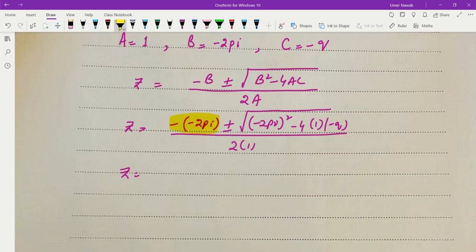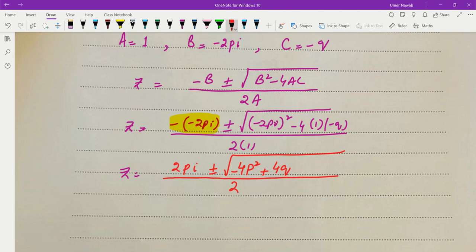This expression will finally come to us as 2p iota plus minus. Now this minus will be absorbed by the square, so minus gone. 2 squared is 4, the square of p is p squared, and iota squared is minus, so I write this minus at the back of 4p squared. Minus 4 multiplied with minus q gives you plus 4q, divided by 2.